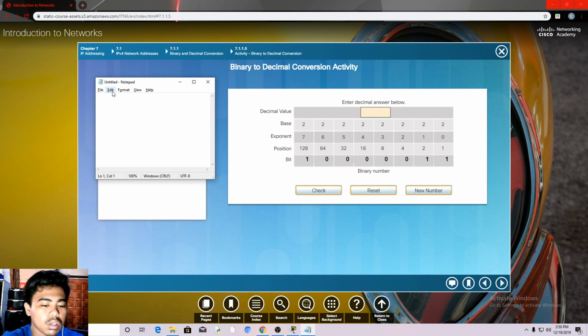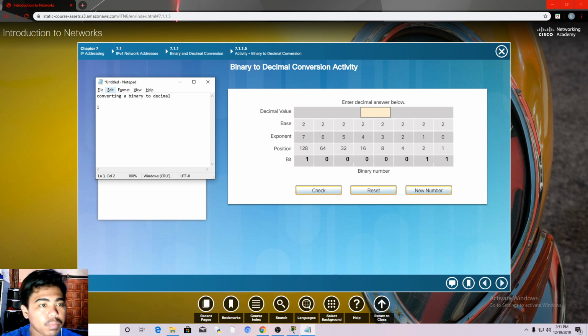Here are the basic components of converting a binary to decimal. These are the elements that you need to know.